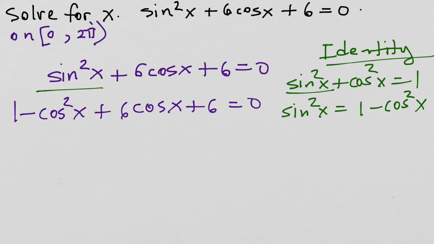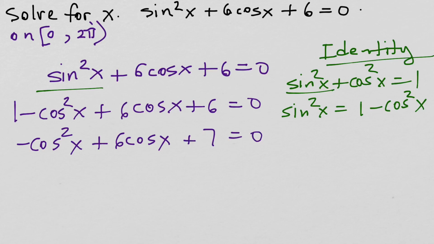Now let's organize it a little. I want my quadratic set up, so I want my squared term first, then my first order term second, and then I want to combine 1 plus 6. Then I want to divide through by a negative so that I'm not factoring with the leading negative, because those usually end up confusing.